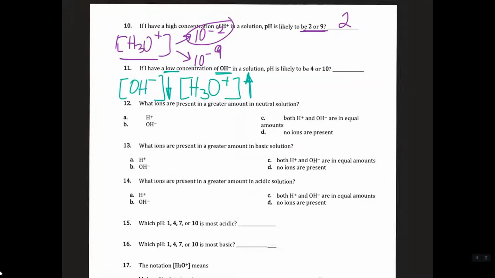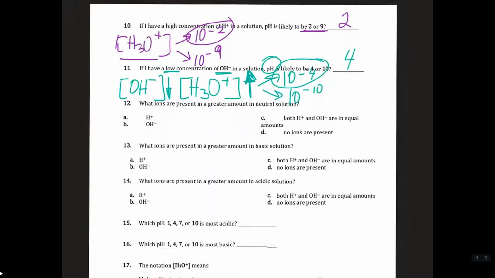If one decreases, another one increases. And if I have the concentration of hydronium ion high, pH only shows me hydronium ion. It doesn't show me hydroxide ion. So it's 10 to the negative 4 versus 10 to the negative 10. That would be the right answer, because if it's high, then it has to be pH 4.